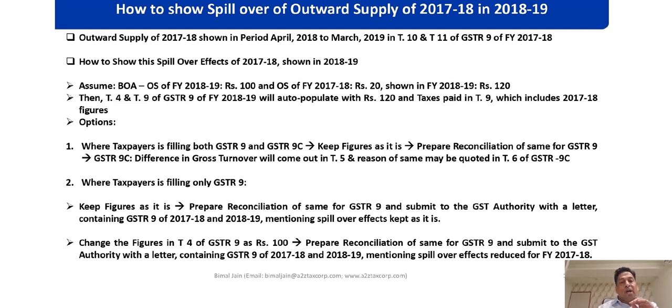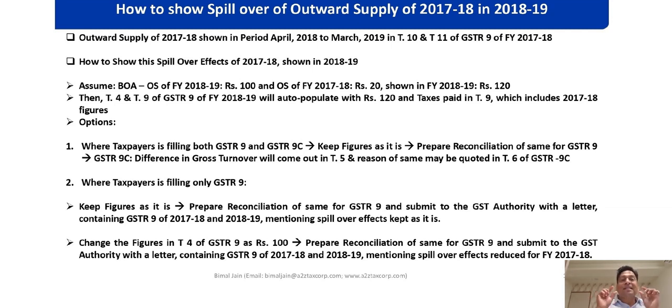So what happened? If it is 2 crore to 5 crore, or you are optionally filing GSTR-9 even though your aggregate turnover is less than 2 crore, then the options are: the first option, you should keep the figure as it is. So 120 as auto-populated. Do not make any correction, and corresponding taxes are being shown in table 9 of GSTR-9 of 18-19.